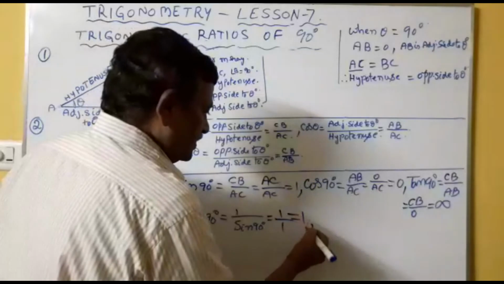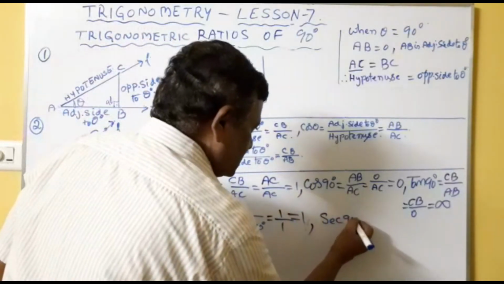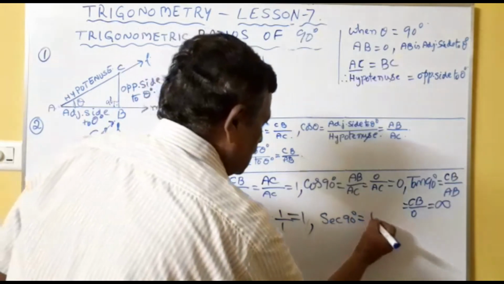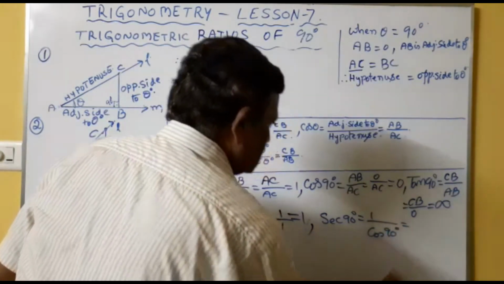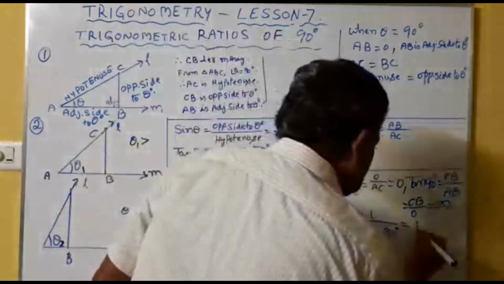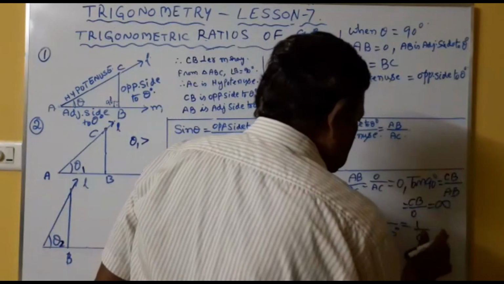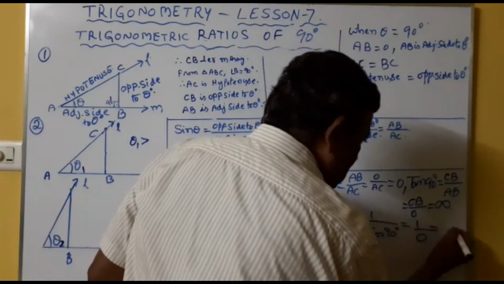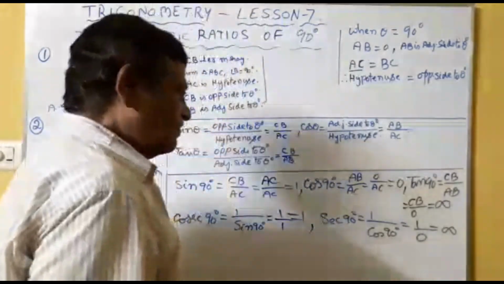Next, the reciprocal of cos is sec. Sec 90 degrees equal to 1 by cos 90 degrees, which equal to 1 by 0. Something by 0 is undefined, which is written symbolically like this.